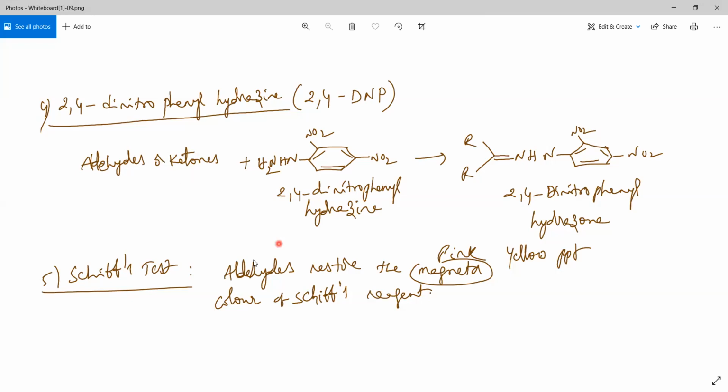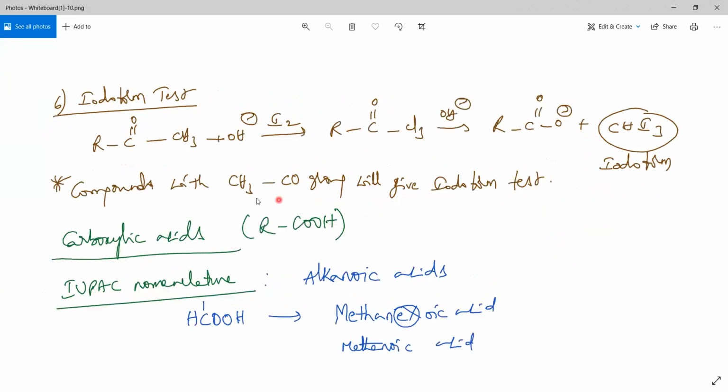Schiff's test means an aldehyde restores the pink color of Schiff's reagent. As usual, iodoform: only one thing you need to remember.